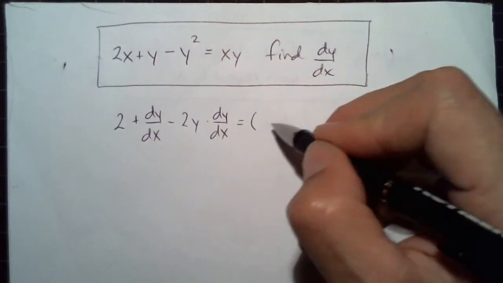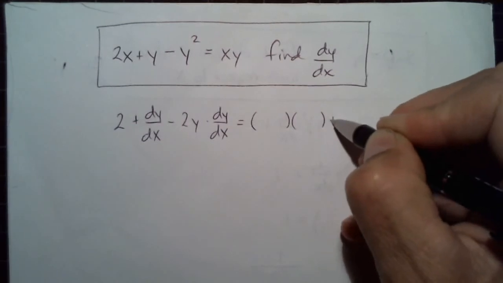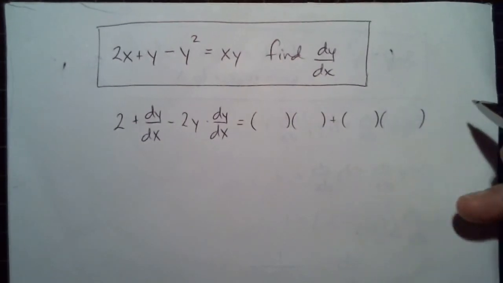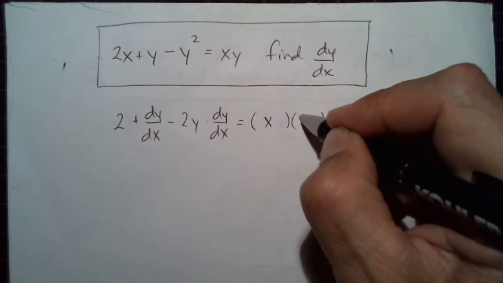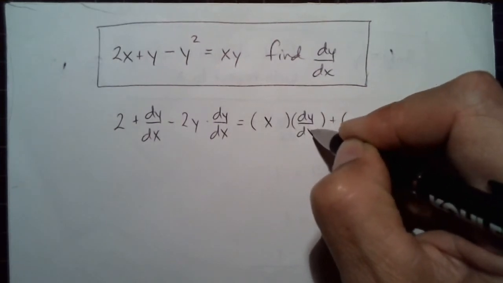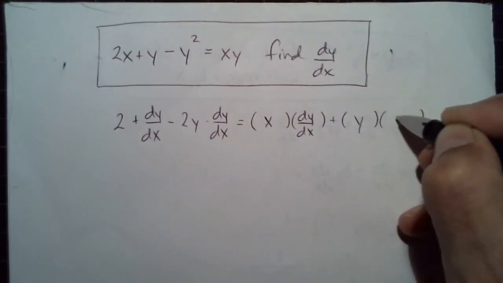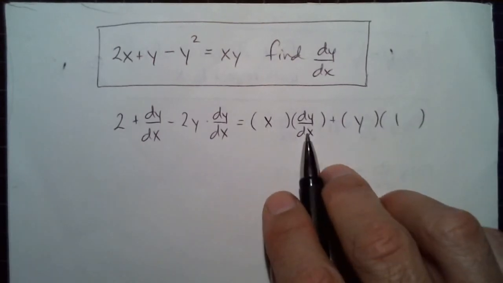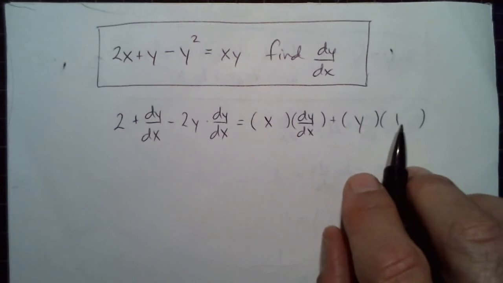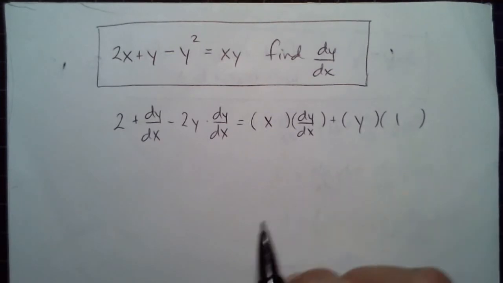And hopefully you did not forget to use the product rule here. It's a product, so we'll say 1 d2 plus 2 d1. The first times the derivative of the second plus the second times the derivative of the first.